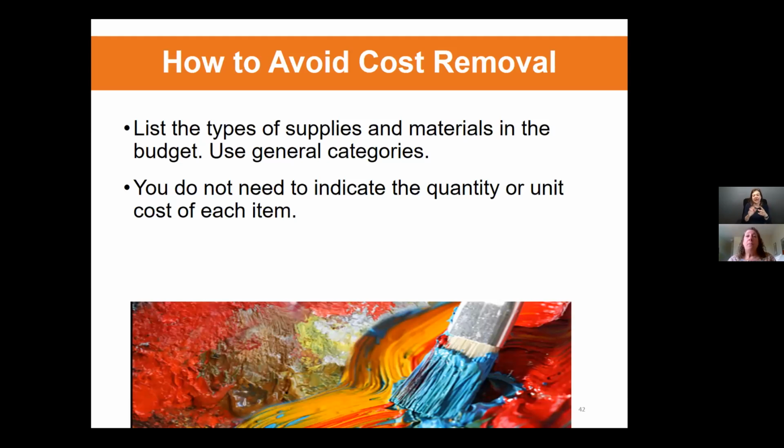You don't need to indicate the quantity or the unit cost of each item. Once again, if we just see supplies and no list of what types of supplies you're purchasing, then that cost will be removed from your budget.